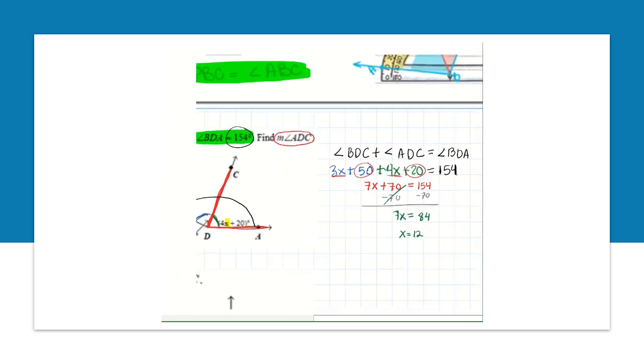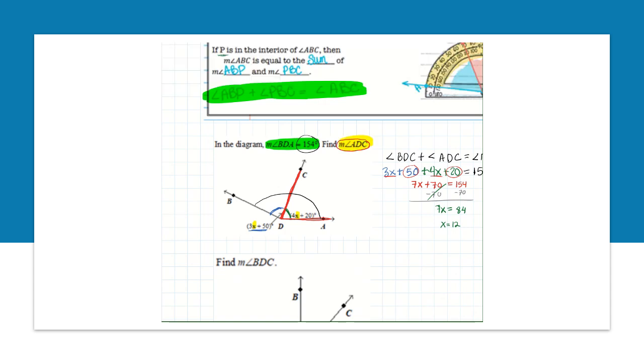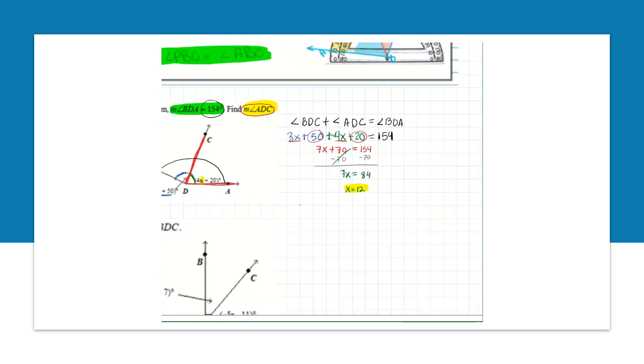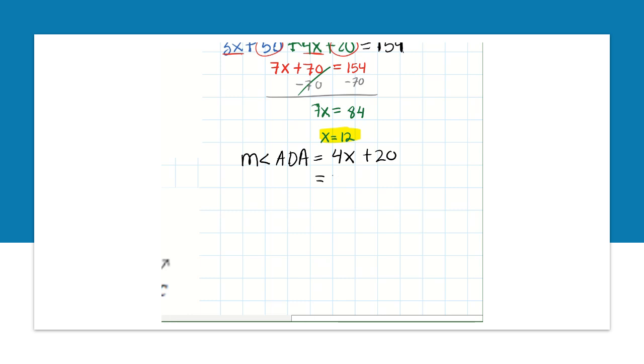We need x to find the angle measurement that we're missing, which is ADC. So the measurement of angle ADC, as we can see in the diagram, this should be ADC, not ADA, is 4x plus 20. Because we know what x is, now we can replace x with the value that we found earlier, which was 12.